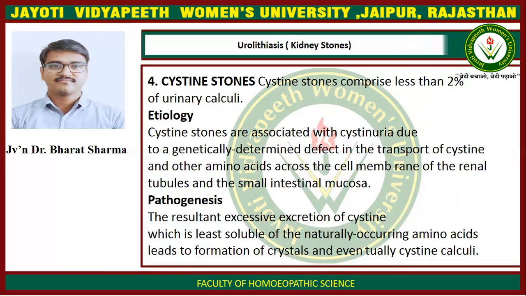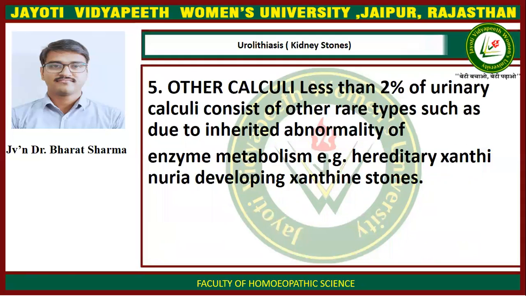Pathogenesis is the resultant excessive excretion of cystine, which is least soluble of the naturally occurring amino acids, leads to formation of crystals and eventually cystine calculi. Other calculi, less than 2% of urinary calculi, consist of other rare types such as due to inherited abnormalities of enzyme metabolism, that is hereditary xanthinuria, developing xanthine stones.